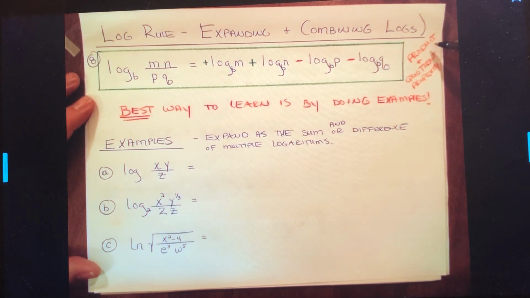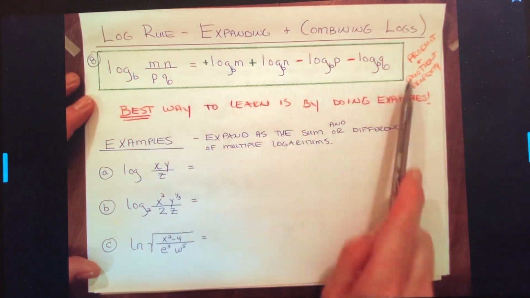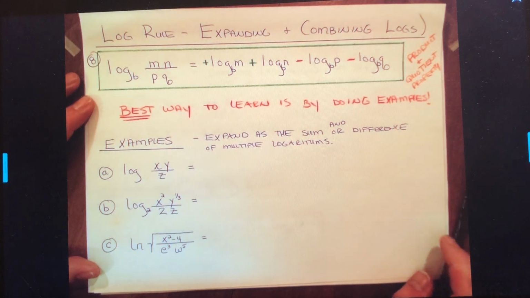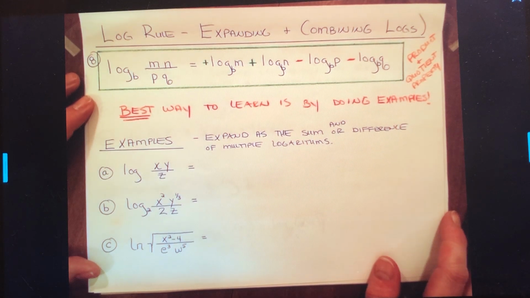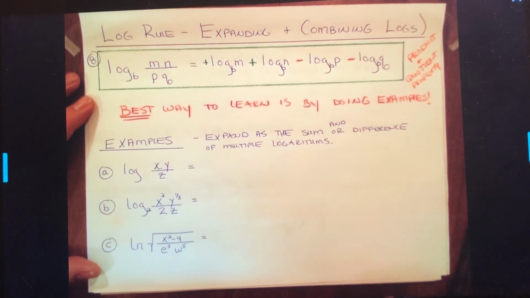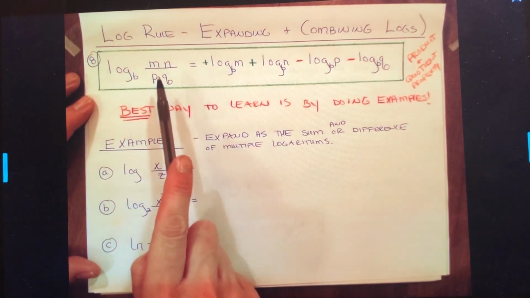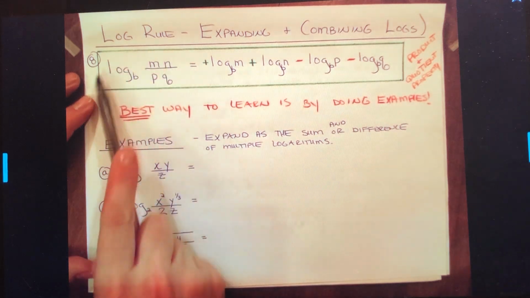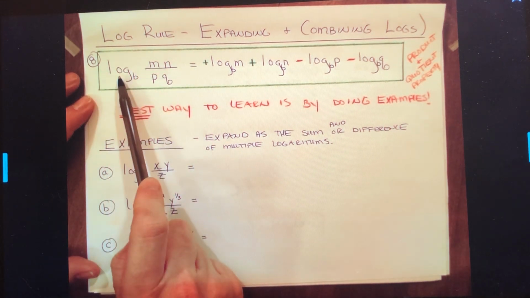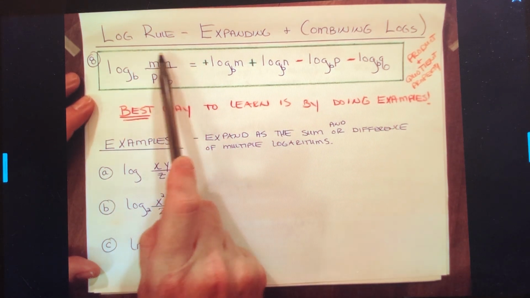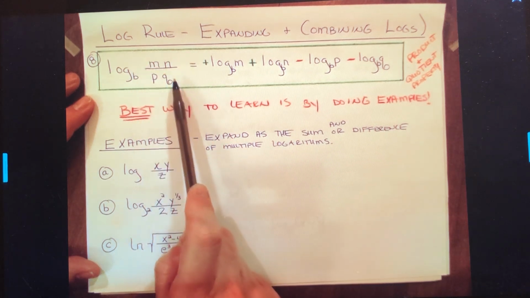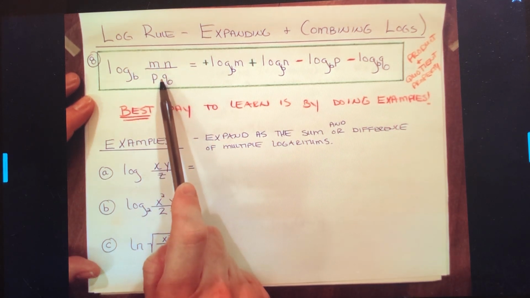One is called the product property of logs, and the other is the quotient property of logs. What I like to do is combine it into one single log rule where we do the product and quotient all together. For example, in this particular formula, we have the log of multiple terms combined as products or quotients.